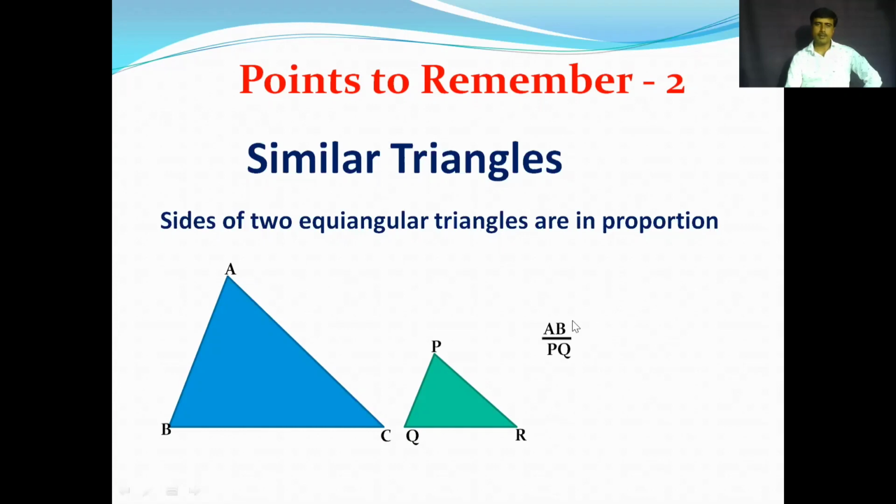That is, AB by PQ is equal to BC by QR, which is also equal to CA by RP, the third side. So these are the two previous knowledge which we have to know in order to prove this theorem.